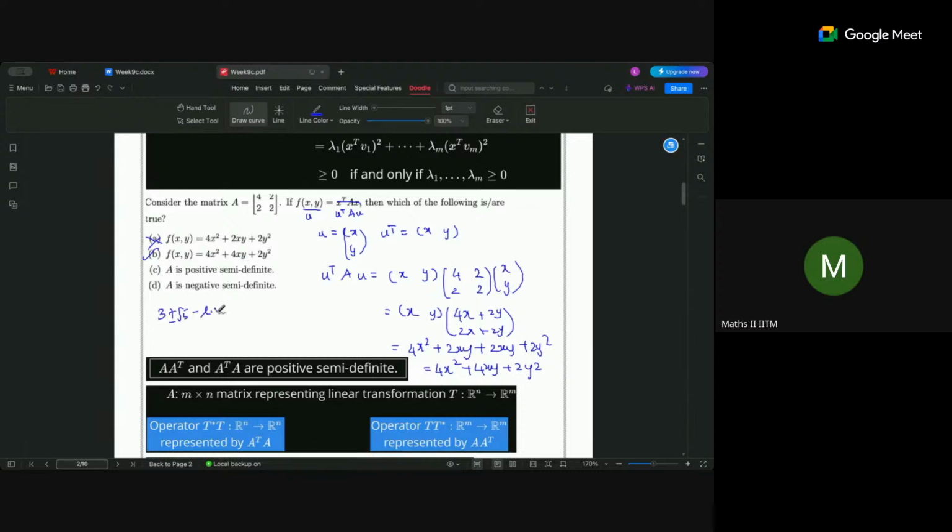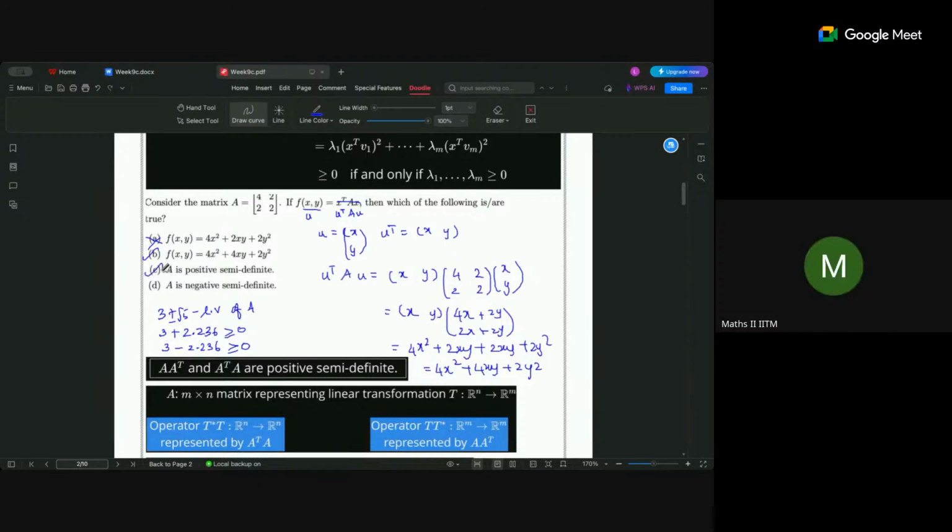These are the eigenvalues of A. So what is the approximate value of root 5? 2.236, right? So 3 plus 2.236, 3 minus 2.236. Are they both non-negative? Yes. So is it positive semi-definite? Yes.